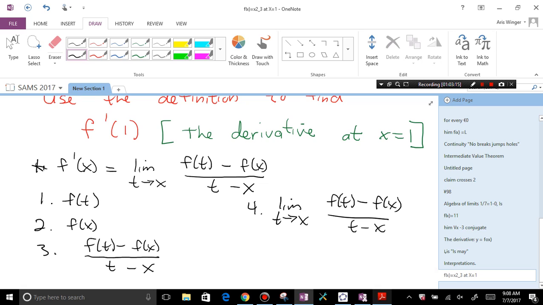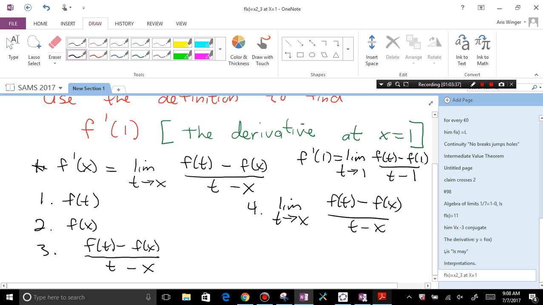Now, we can plug in the 1 immediately if you want. So we want to know f prime of 1. So f prime of 1, we'll plug in the 1 immediately. Is the limit as t tends to 1 of f of t minus f of 1 all over t minus 1. That's what we want to find. Okay.